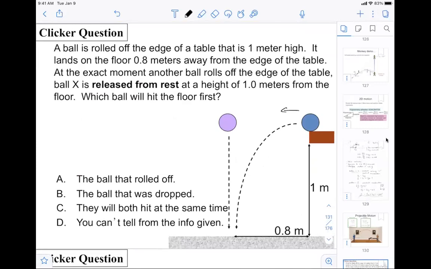I would say this question, even though there are numbers to answer this question, you do not have to do any calculation. You should be able to just reason this conceptually.